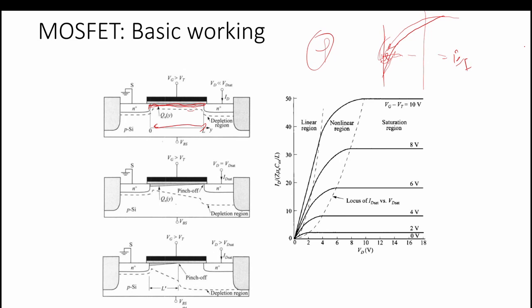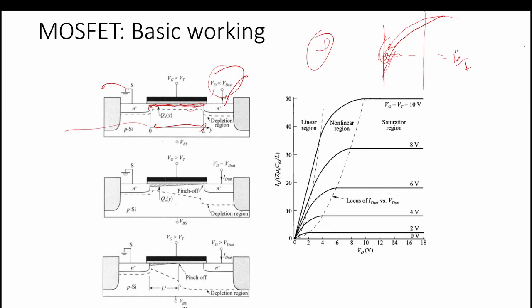This is because VD is very much less than VD saturation, which is equal to VG minus VT. At this point the channel can act as a resistance, as a conductor connected at two terminals, one the source and one the drain, with just a metallic sheet in between.